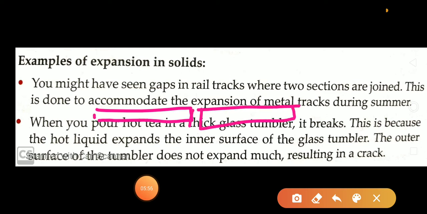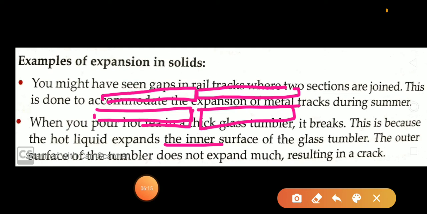This gap is there. In the winters, it is okay, but in summers, what happens? The size increases. Then the size of the other rail will also increase, and the gap is filled. If this gap is not left, then what will happen?